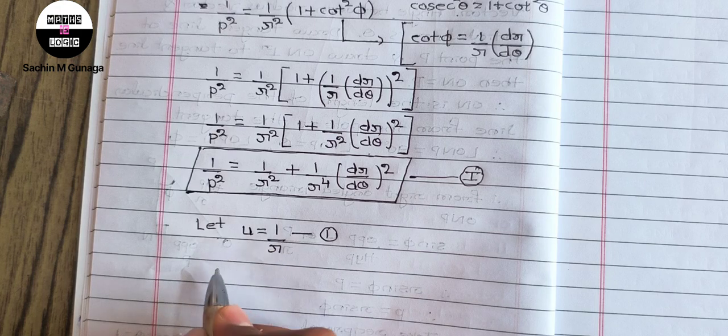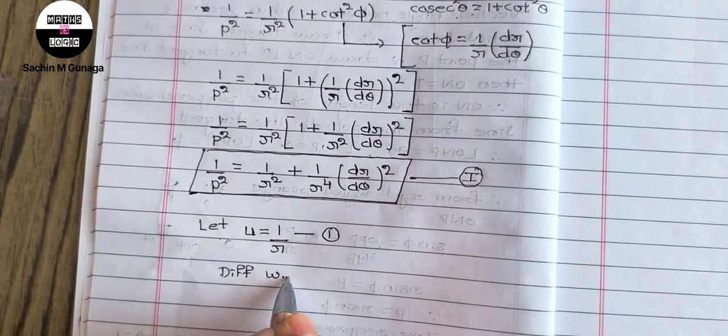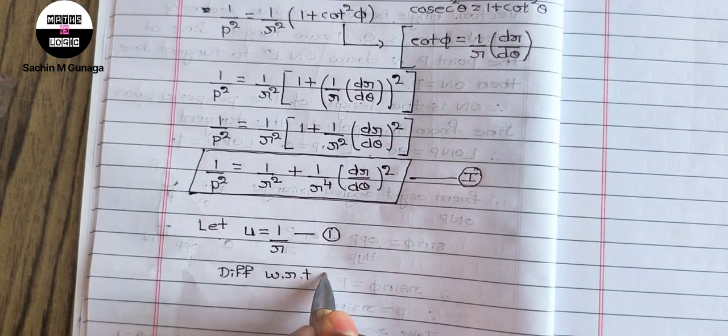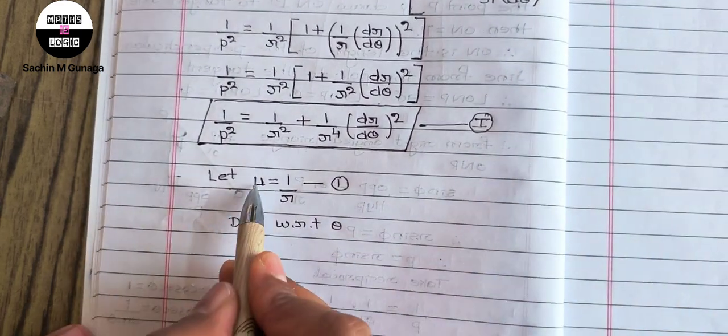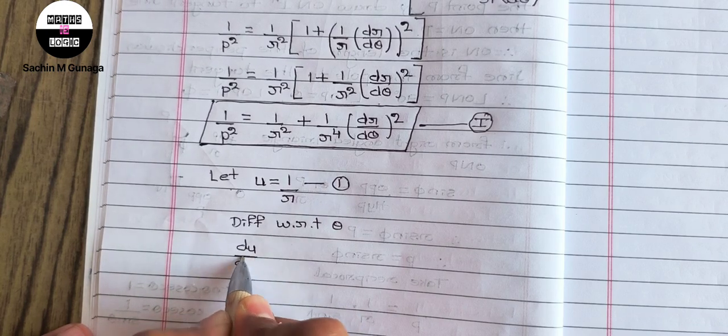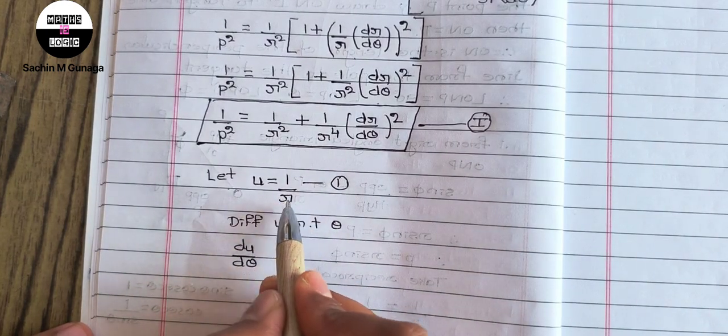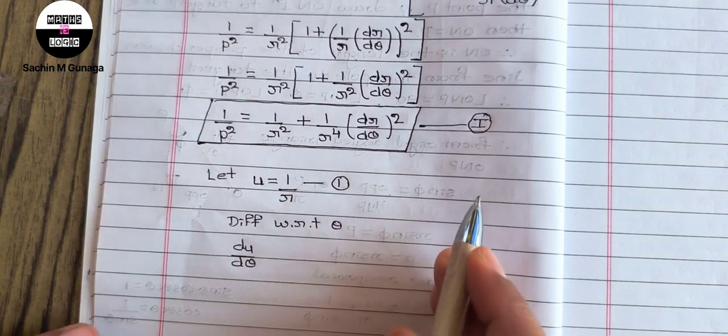Next we need to do the differentiation with respect to theta. So u differentiation with respect to theta is du divided by d theta, and for r with respect to theta we need to apply the chain rule in differentiation.